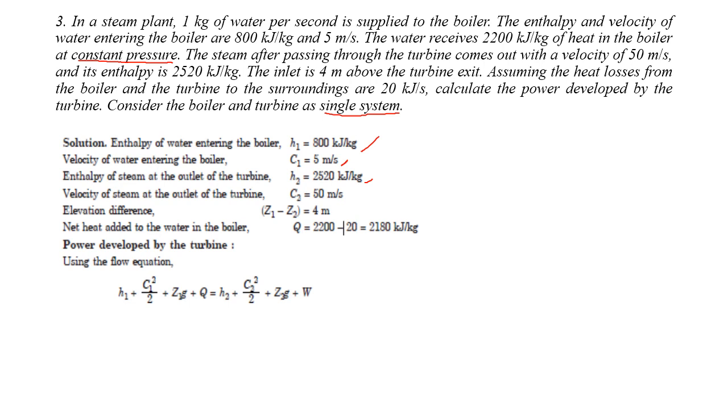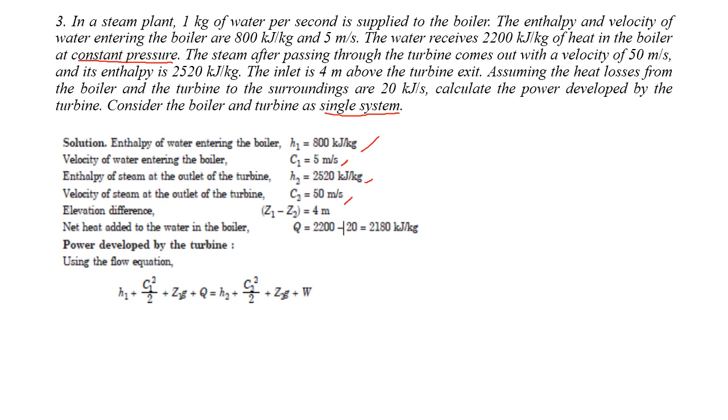The velocity of steam at outlet of turbine will be 50 meter per second. What is the elevation difference? That is Z1 minus Z2. The height at turbine inlet will be Z1, height at turbine outlet will be Z2. So that will be 4 meter.